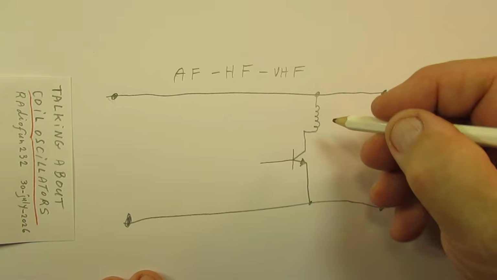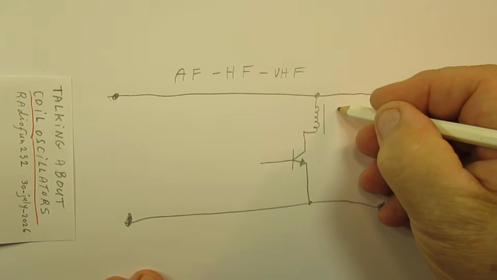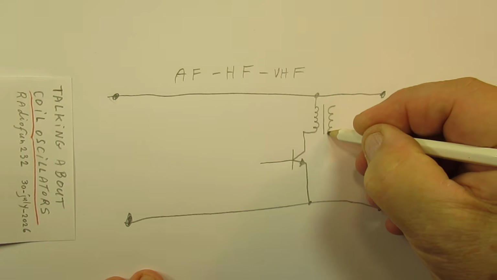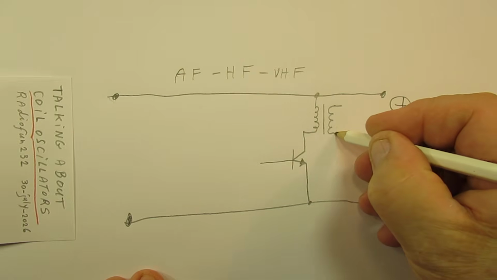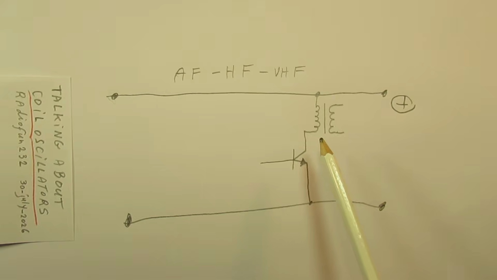The most important thing is that the bias is not indicated, or the maker of that circuit had success with a certain bias to that transistor.